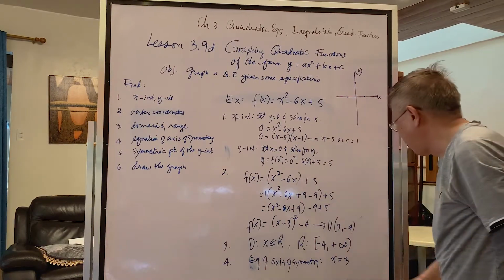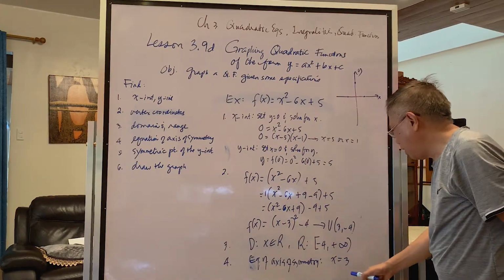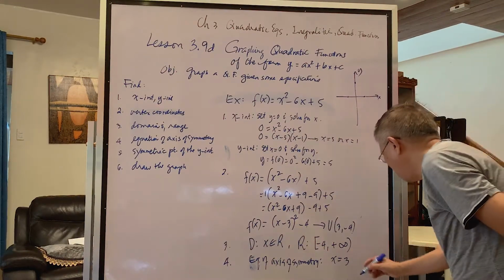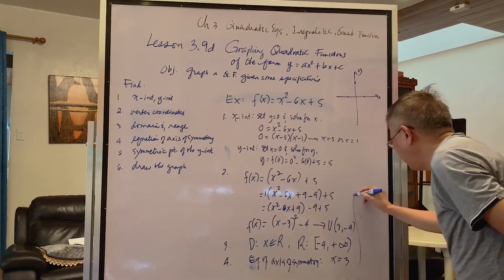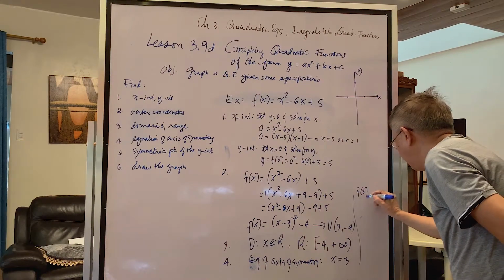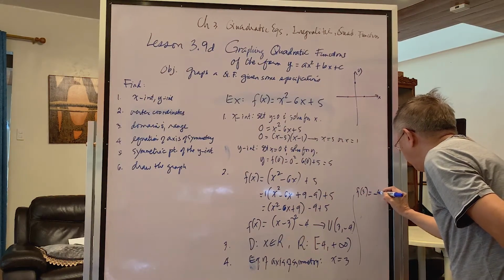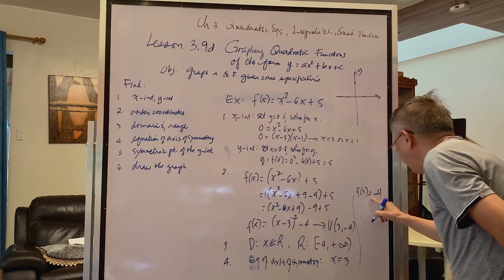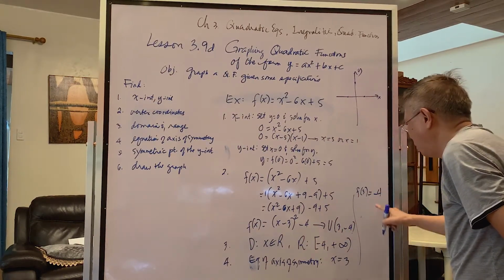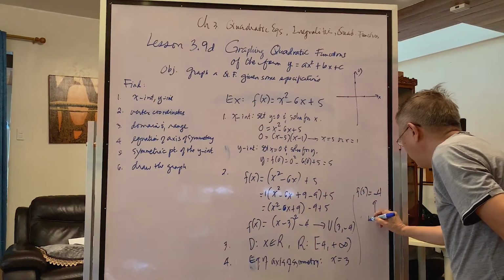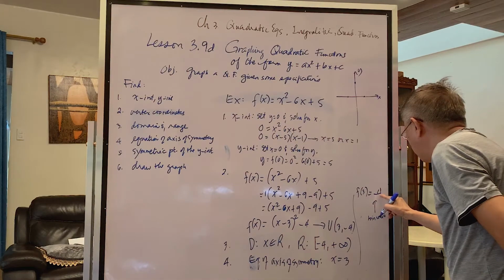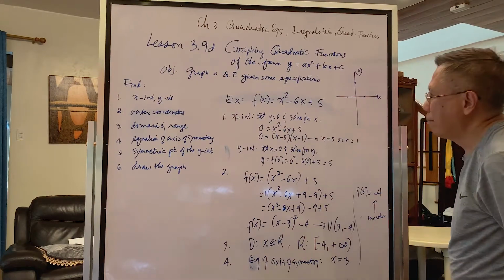It is not 3 only. It should be x equals 3. And as a side note, f at 3 is equal to negative 4. This is a minimum value. So there's no value that's lower than negative 4.